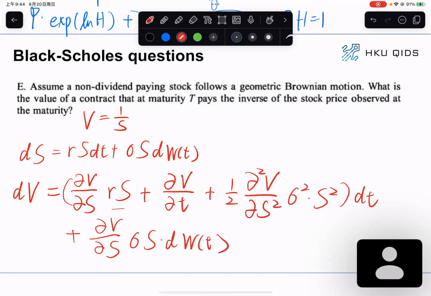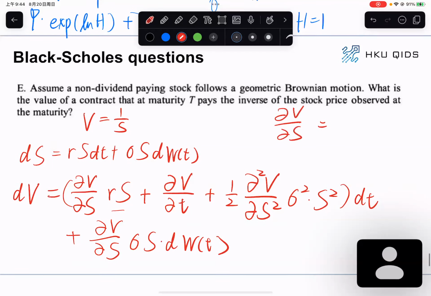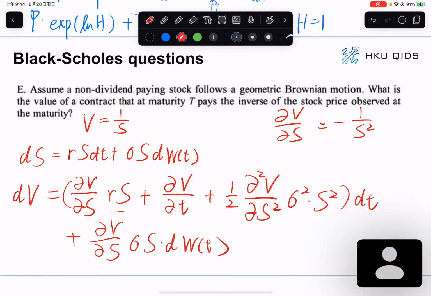This is the rS here. And we know dV/dS is just negative 1 over S squared, right? And the second derivative is 2 over S cubed.